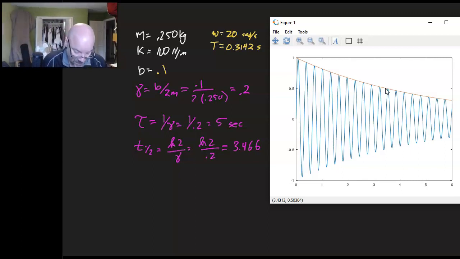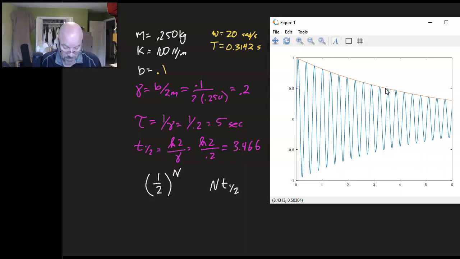I like to see it. So if I go 1/2 to the n, that's what I'm going to be left with if we go in number of half-lives. Okay, so if we go out there at 3 half-lives and we want to know what's our amplitude, we can go 1/2 cubed, sort of like that.